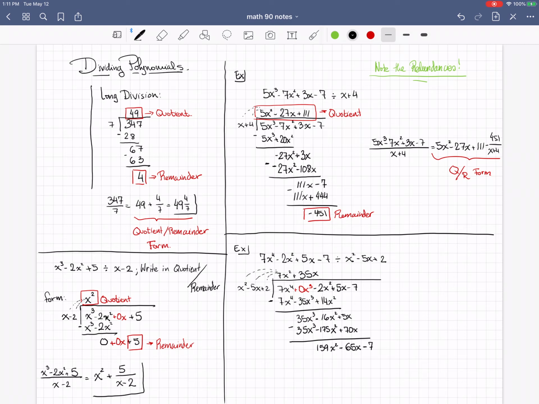There. And last time through, what would you multiply by x squared to end up with 159x squared? 159x. So we have 159x squared minus, oh boy, 795x.